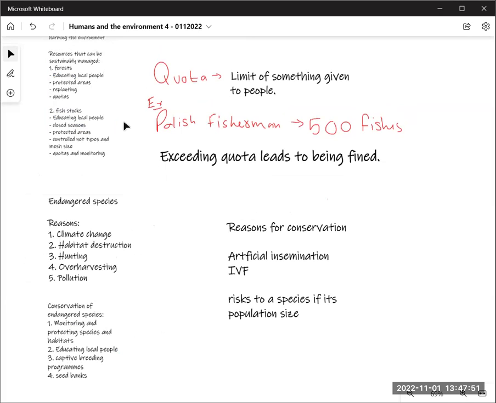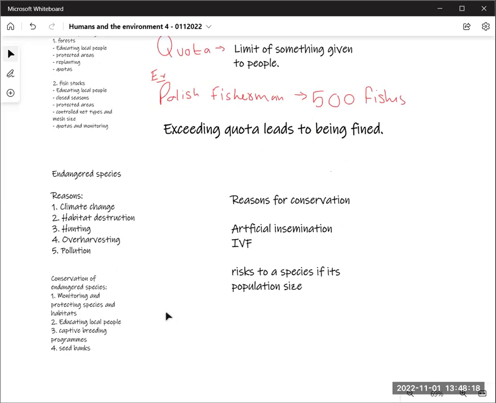Just replace education with educating local people. One last thing you should add in reasons for endangered species is 6, introduced species.